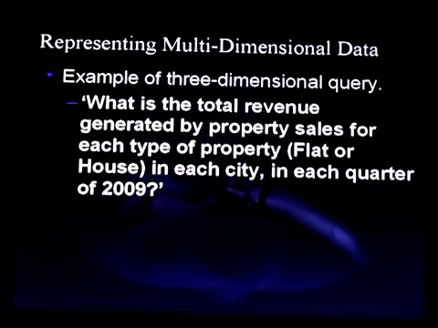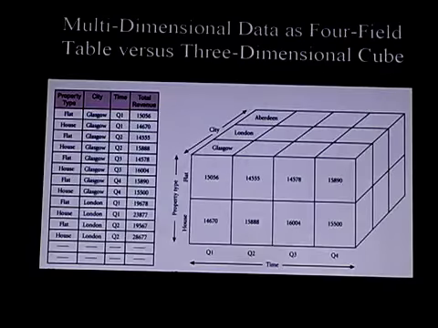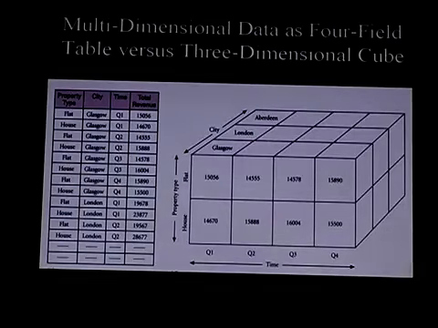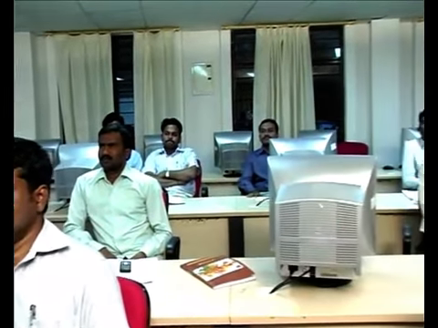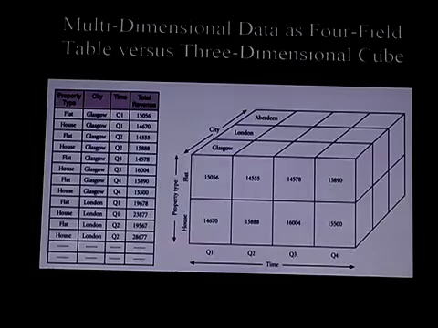The total revenue is calculated and shown here. So if you see the diagram, when one more dimension is added, the physical representation of a two-dimensional representation became a three-dimensional representation, which we call a cube. So this is a cubic structure, physical structure. Is it clear? So this is how the measures are computed.